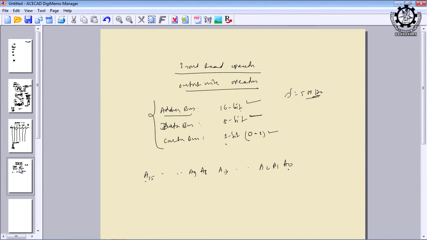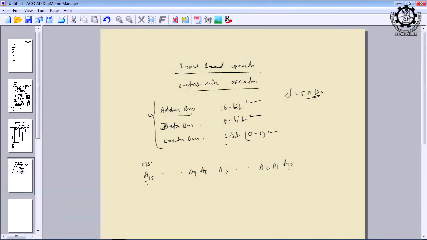So A0 is the least significant bit, and A15 is the MSB, most significant bit, or MSD, most significant digit. So let us write this MSD, and this LSD or LSB, whatever you call it, least significant digit and most significant digit.